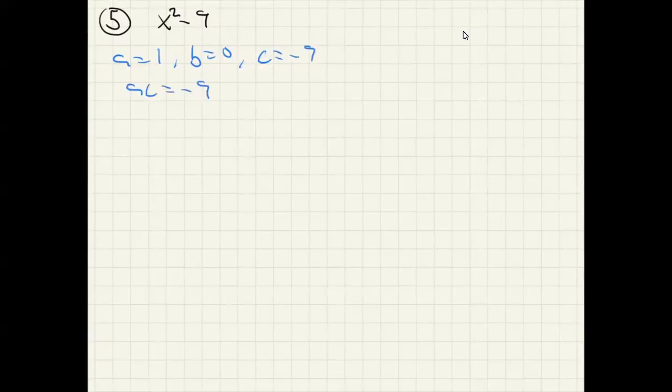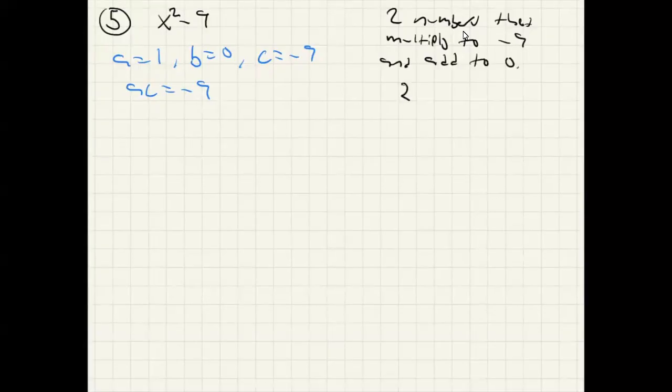A times c is negative 9. So you want two numbers that multiply to negative 9 and add to 0. That's going to be 3 and negative 3.